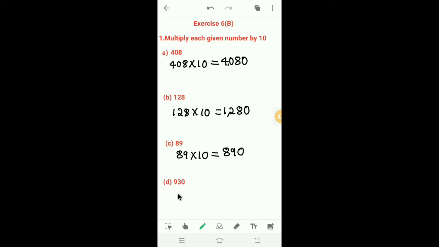Next, D1, 930 into 10 is equal to, write the given number as it is and add 1 zero at the end of the number. So the answer is 9300.